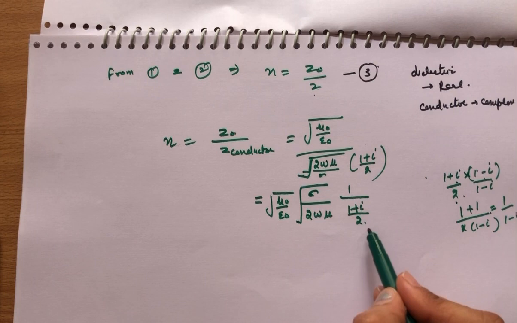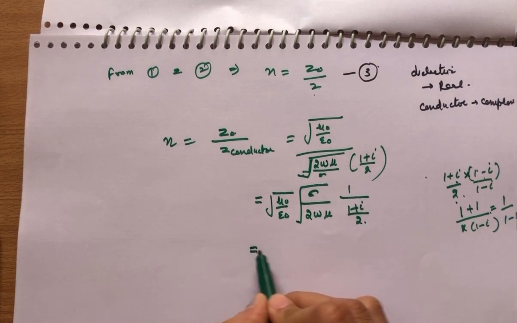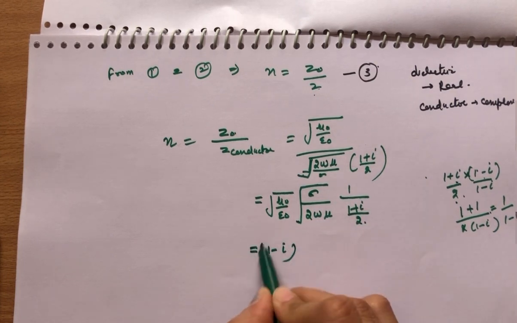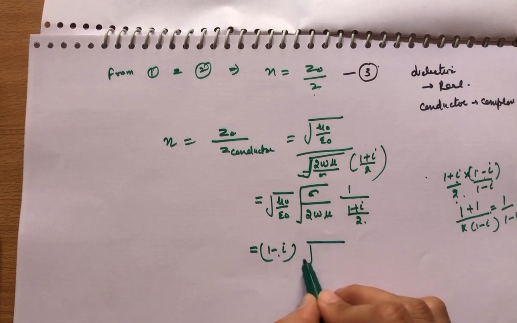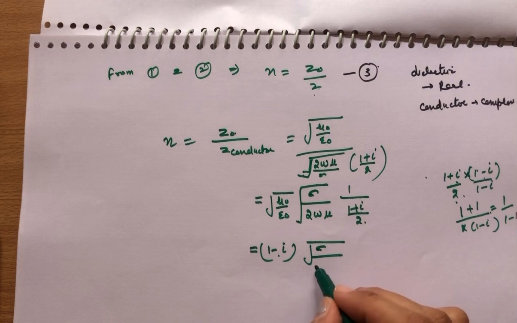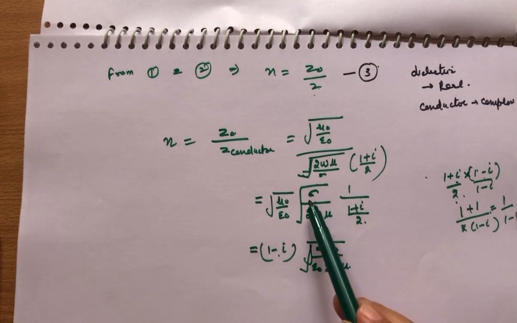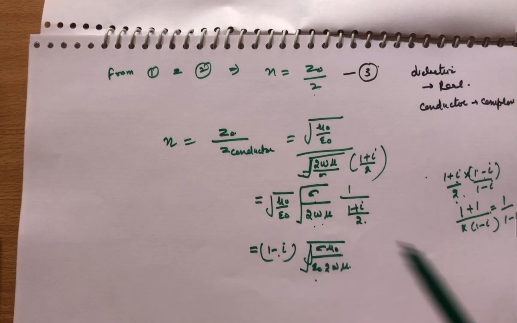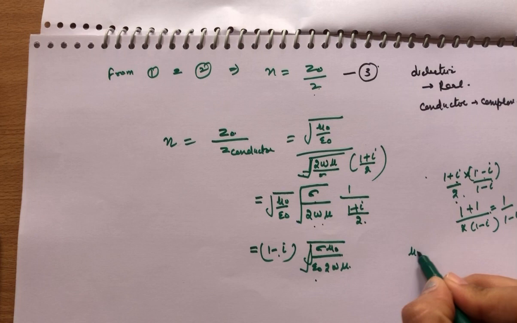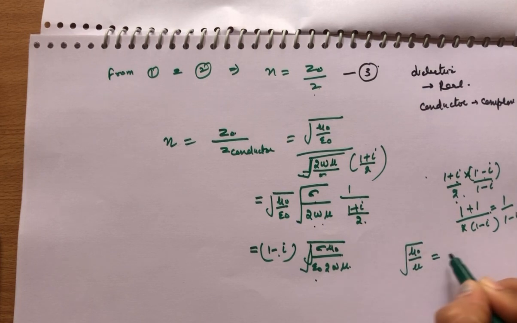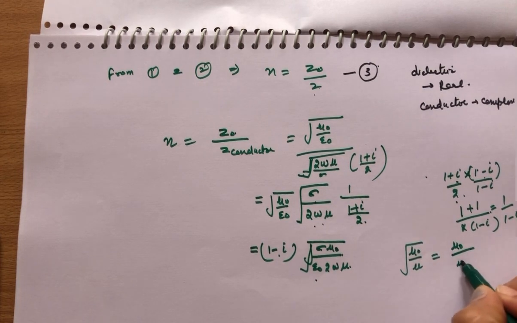So 1 over 1 minus iota means 1 minus iota upward, under root of sigma over mu naught epsilon naught 2 omega mu. This is equal to sigma mu naught epsilon naught over 2 omega mu. Under root, mu naught over mu is equal to mu naught over mu naught mu r.